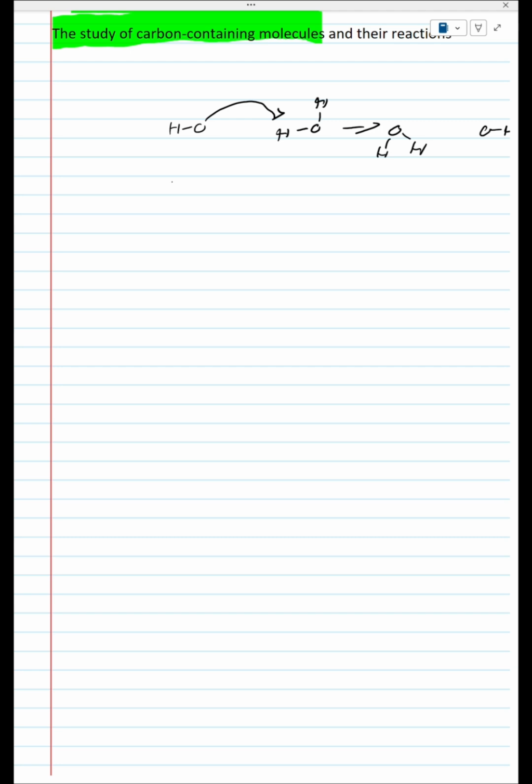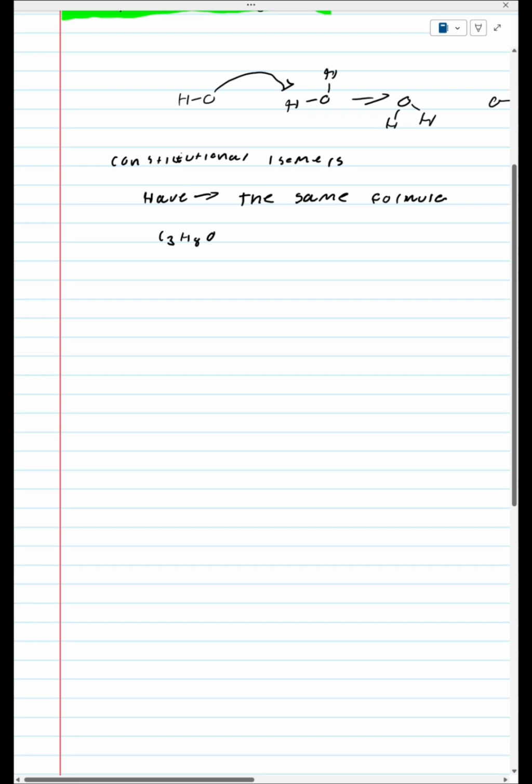The first thing we're going to learn is constitutional isomers. So constitutional isomers have the same formula. If you had C3H8O, you can draw it multiple ways.